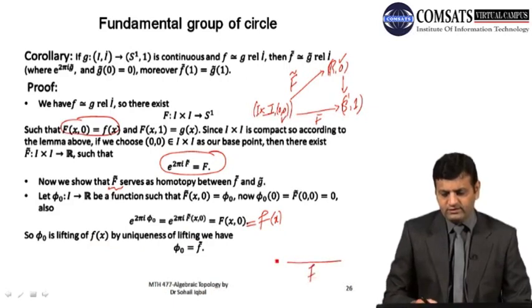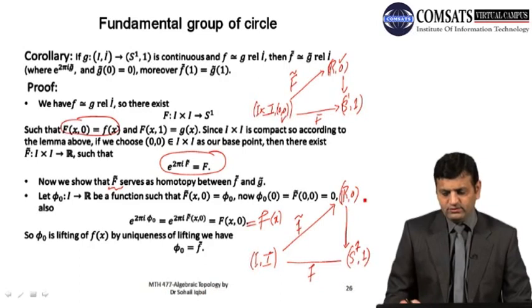Okay, so what is f of x? Once again, f is a function from I dot to S1. So if this is the function f, then there exists a unique f tilde which will take 0 to 0, and that's what phi naught is doing.